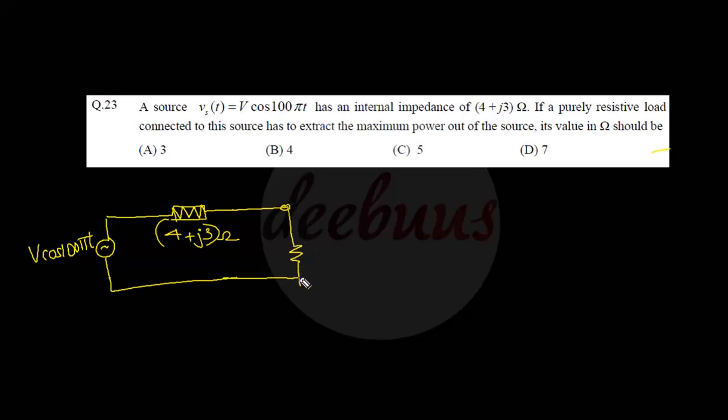So we have to find the value of this resistance for maximum power transfer. For maximum power transfer, if the load is a complex one, it must be terminated by 4 minus j3. For a resistive load to receive maximum power, it must be root of 4 square plus 3 square, that is root of 25 equal to 5. So the answer is C, 5.